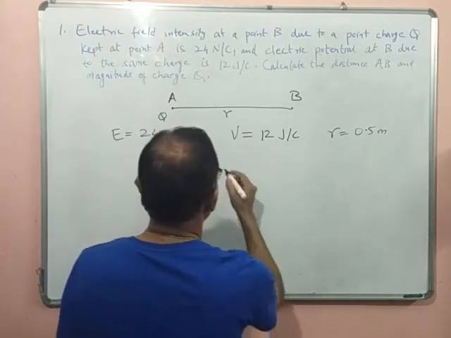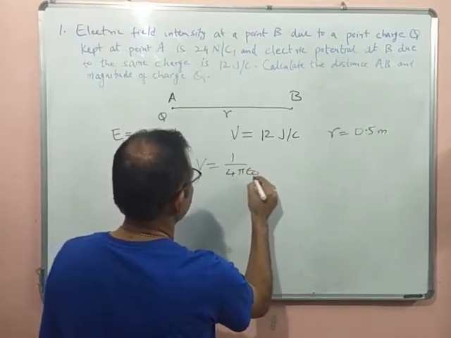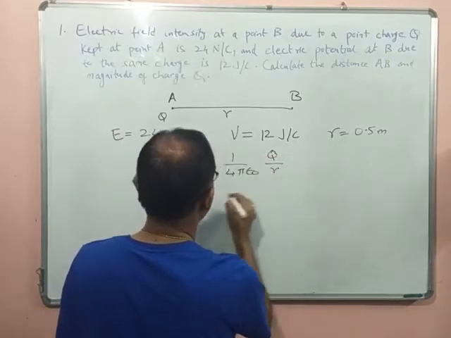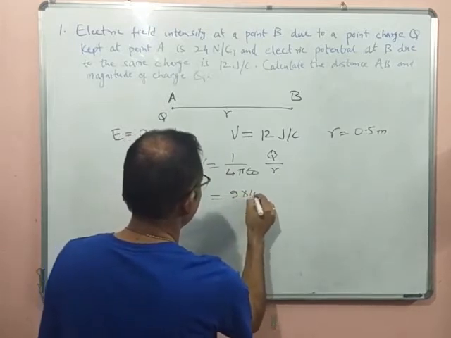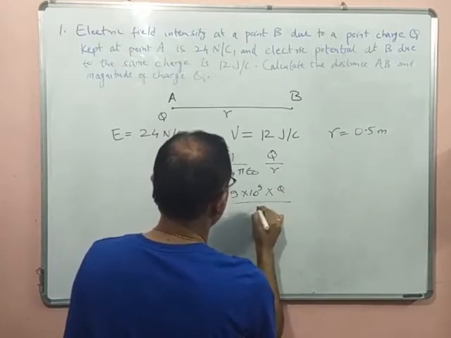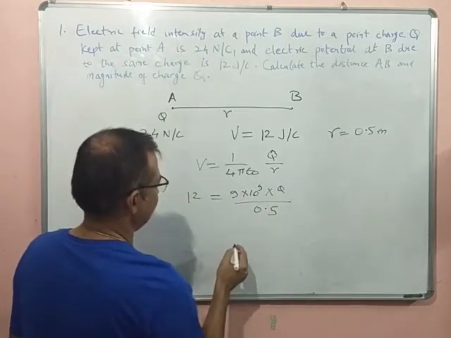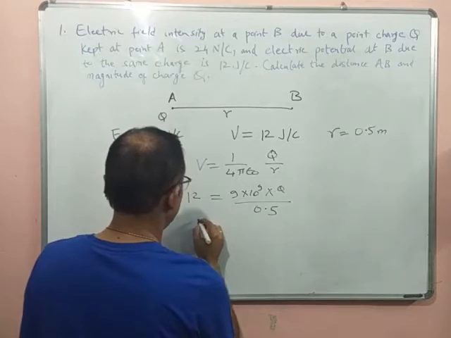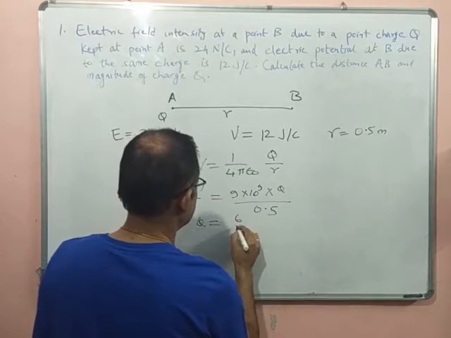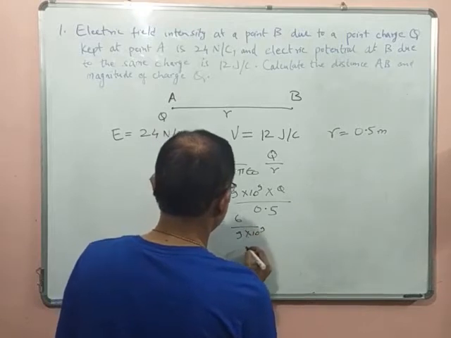Suppose I put it here: V is equal to 1 upon 4 pi epsilon naught Q upon R, that is 9 into 10 to the power 9 into Q upon 0.5. V is 12. So Q is equal to 6 upon 9 into 10 to the power 9.